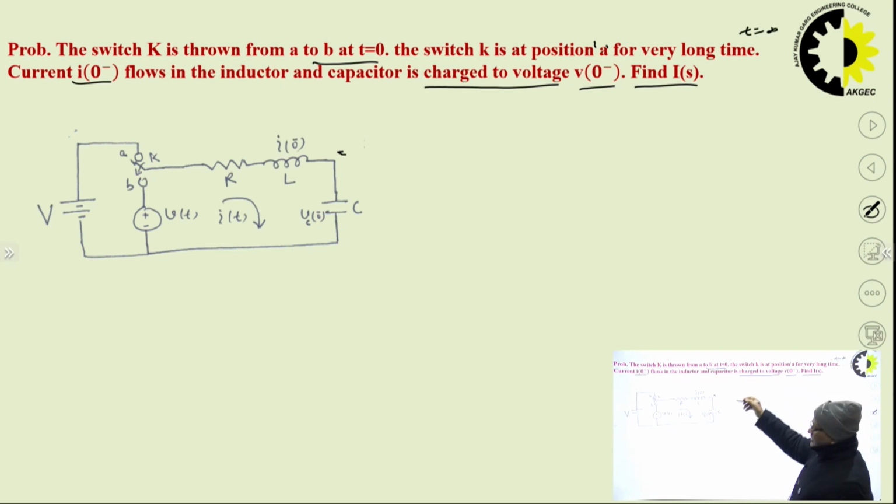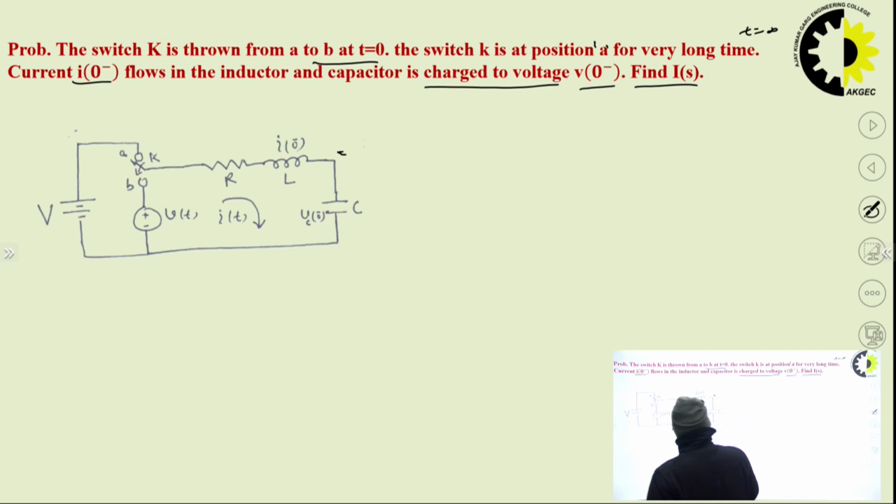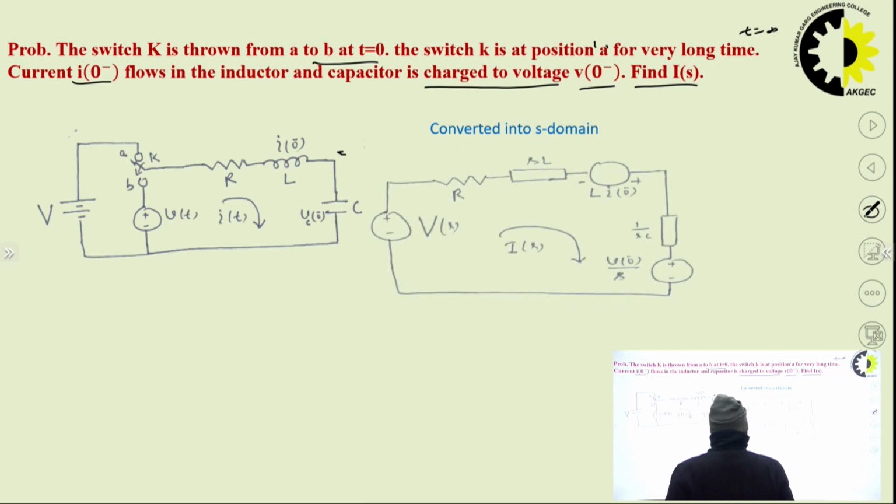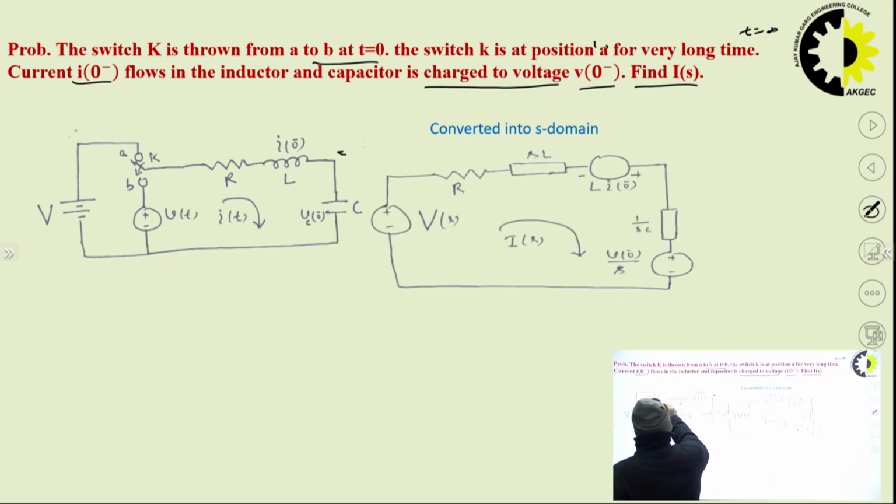So you have to draw the equivalent circuit at t equal to infinity and find the initial conditions, but in this case the initial conditions are given. So no need to find I0 and VC0. Straightaway, when the switch is at position B, this is the circuit.